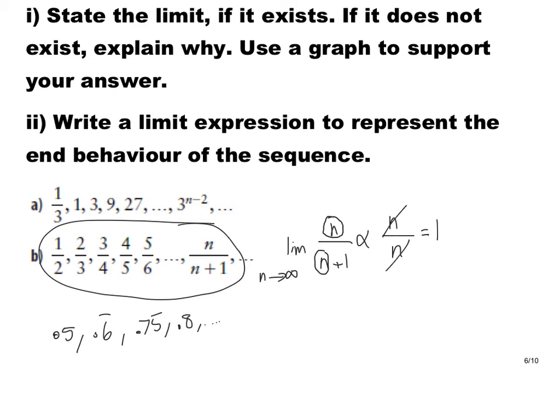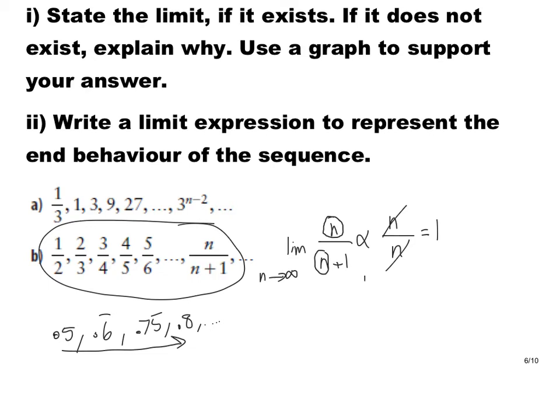And you can see that these numbers are getting closer and closer to 1. So this series is going to give us a limit of 1 when n goes to infinity.